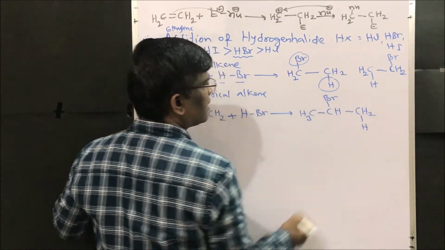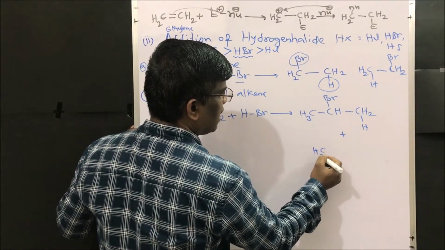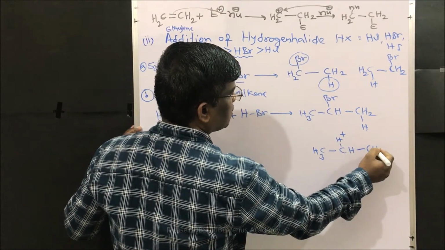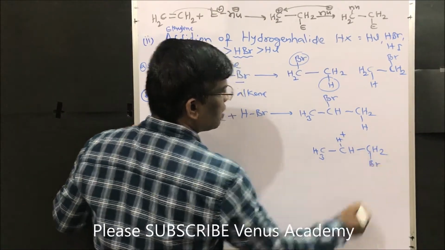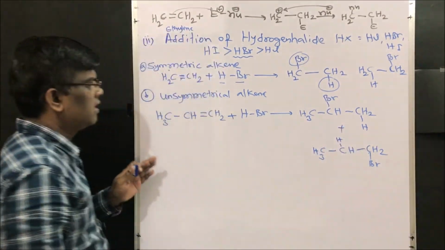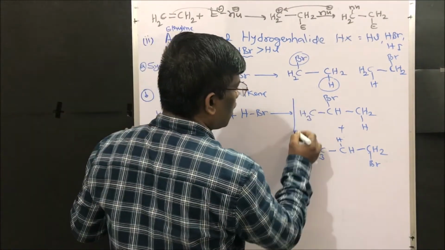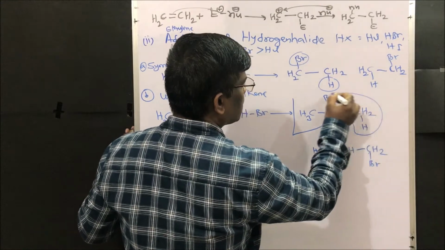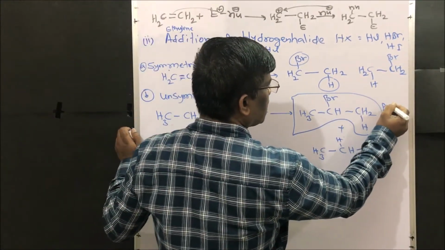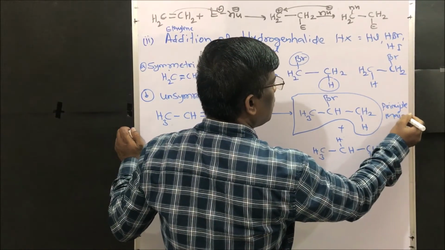So you may say, yes, why not this: CH3CH2CH2Br. You may say these two compounds are possible, but this is the product which is going to form as the major or principal product.